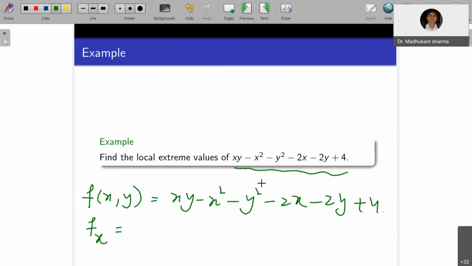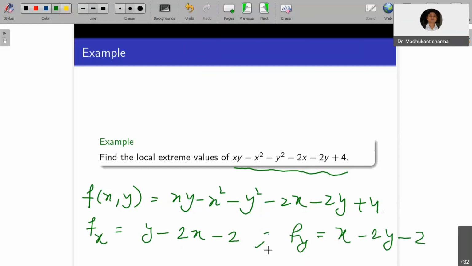So from here I can derive that fx is y minus 2x minus 2, and fy is x minus 2y minus 2. So these first order partial derivatives are also continuous. You can also verify that.